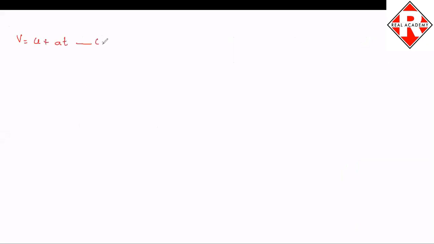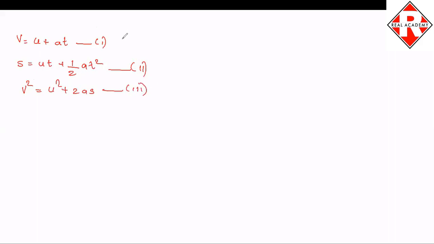This is the first kinematical equation. Second is s is equals to ut plus half at square. The second kinematical equation. And the third one is v square is equals to u square plus 2as. And this is the third kinematical equation given by Newton.